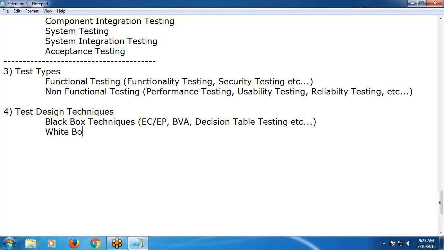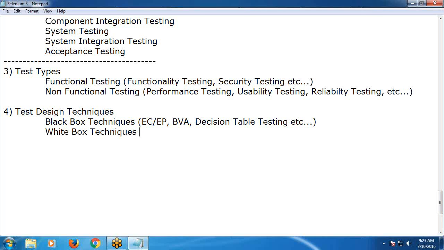Yeah, then we don't need to write all the test cases. Actually, we cannot write all test cases. Say one more term, exhaustive testing. What is exhaustive testing? Executing all possible test cases.